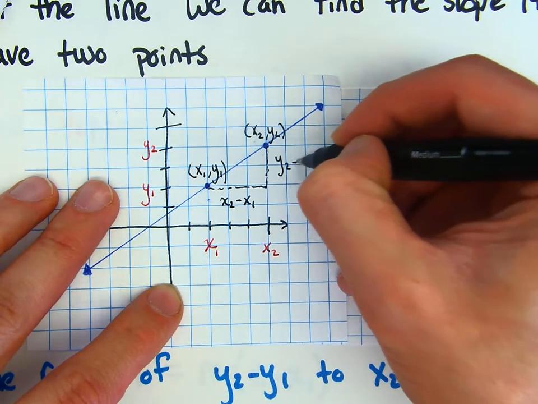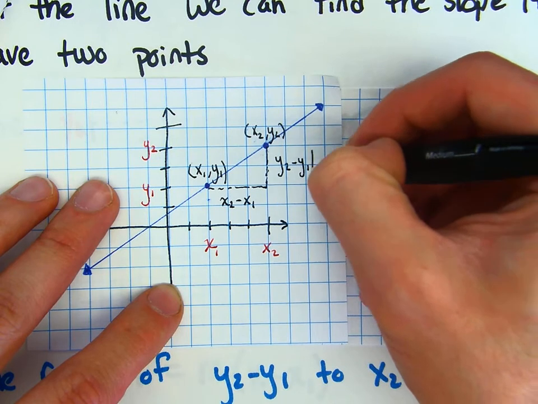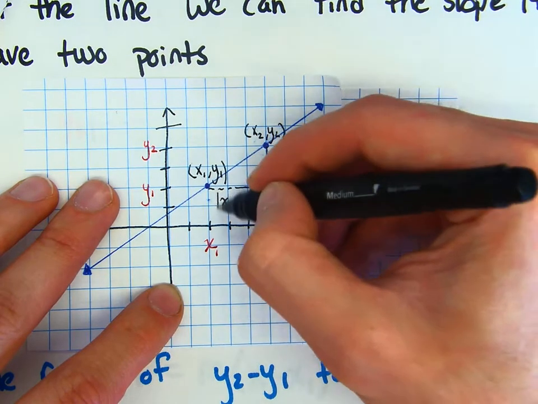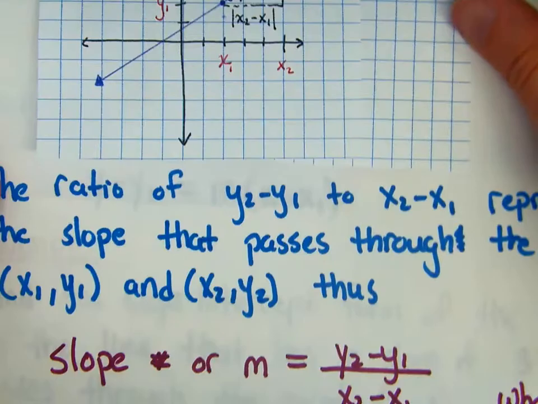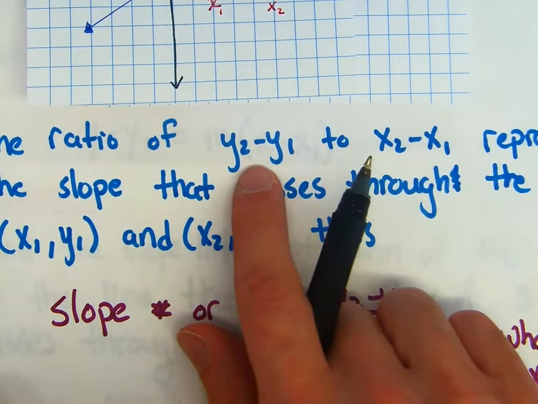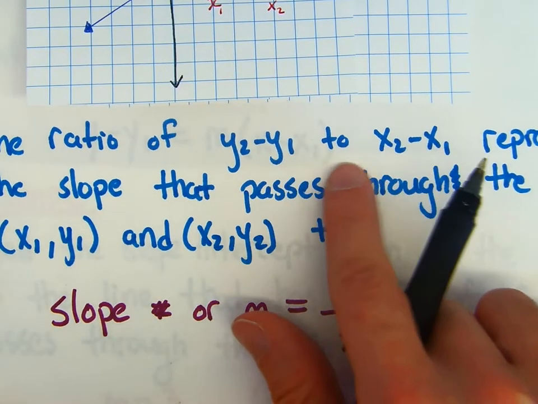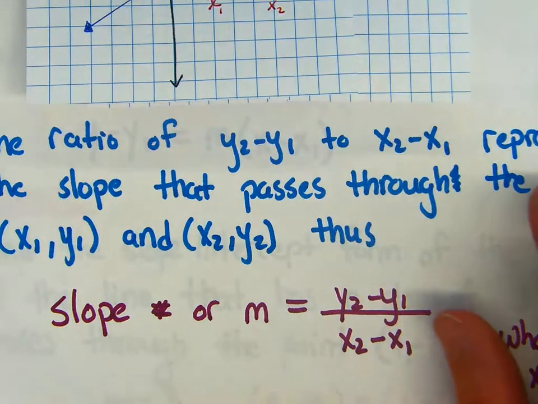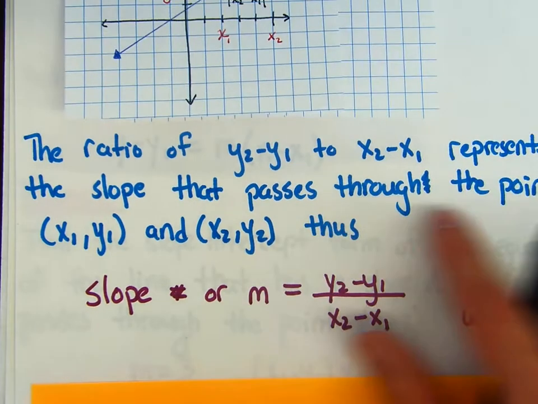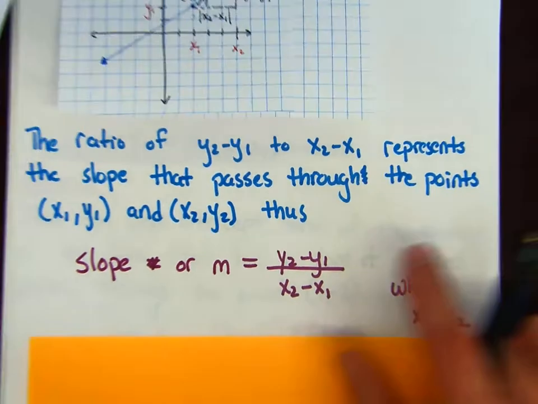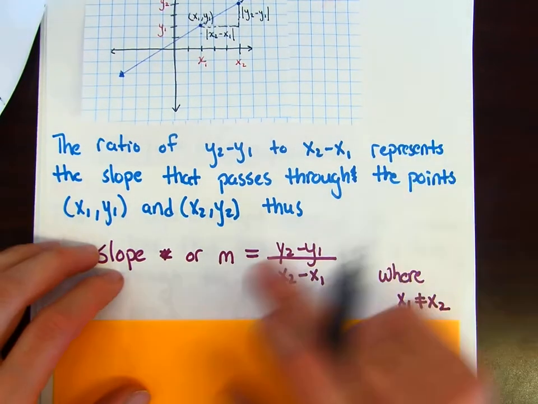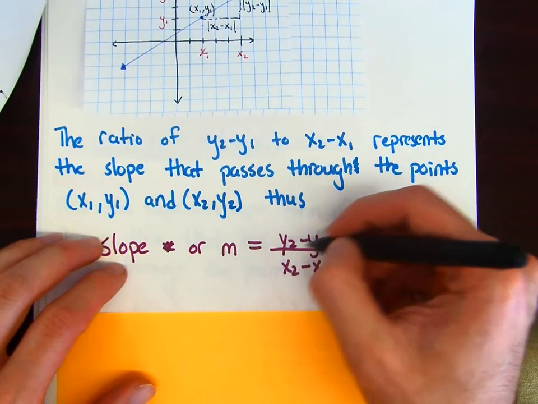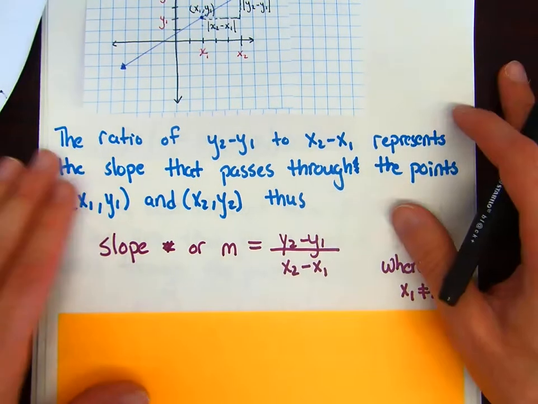You would have y sub 2 minus y sub 1, and you make sure to take the absolute value because distance would be positive. So given this ratio of y sub 2 minus y sub 1 to x sub 2 minus x sub 1, this represents a slope that passes through the two given points. So to find slope, we have y sub 2 minus y sub 1 over x sub 2 minus x sub 1.